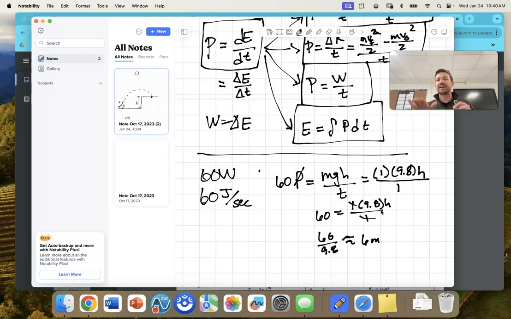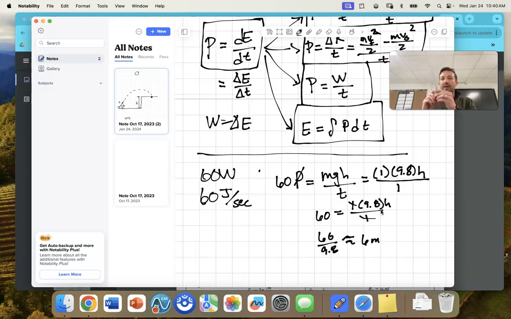I know you guys have seen those bikes that when you ride them, it turns on a light. Well, there's other types of things that'll turn on a light too. You can actually hang a mass from something, and as that mass falls down, it turns something kind of like someone riding a bike, and it'll light up a light bulb, right?